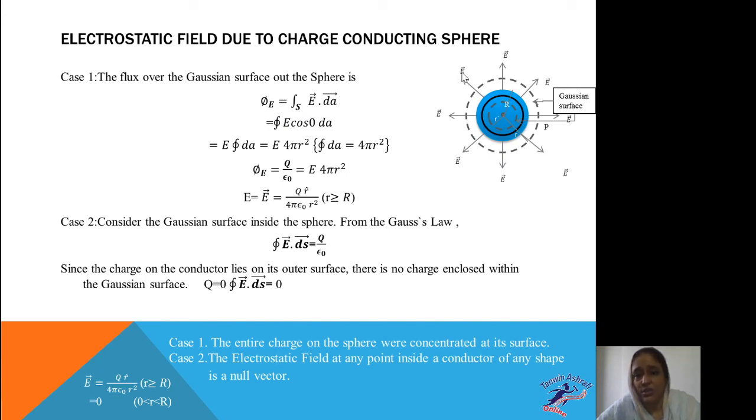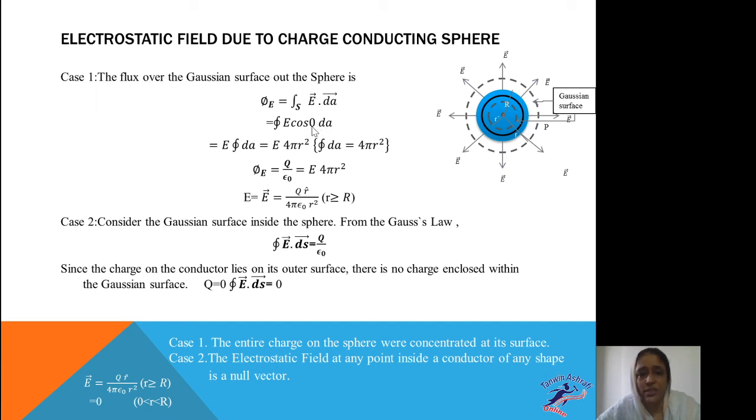Integration over a closed surface, we will take E dot cos theta. Theta is 0 here since the direction of E and dA is the same. They are parallel to each other. Therefore, we take theta equal to 0.